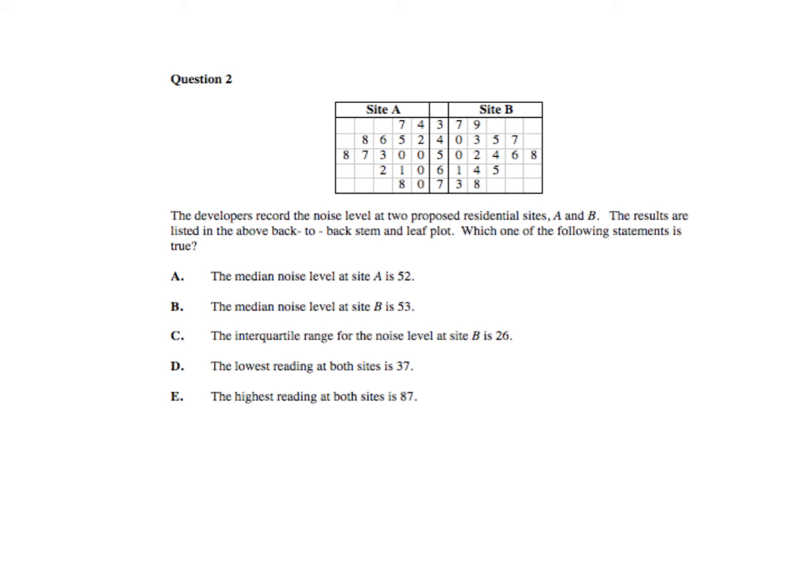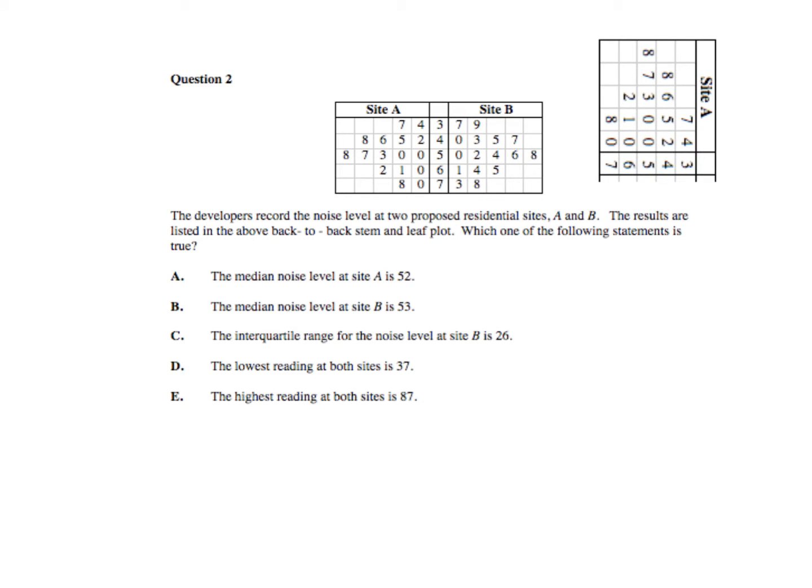Okay, so I just want to show you, this is a back-to-back stem and leaf plot. What I want you to be careful with is when you're describing the shape of this side of a stem and leaf. When you flip this one around, be careful, see how down here, that's the highest number, isn't it?